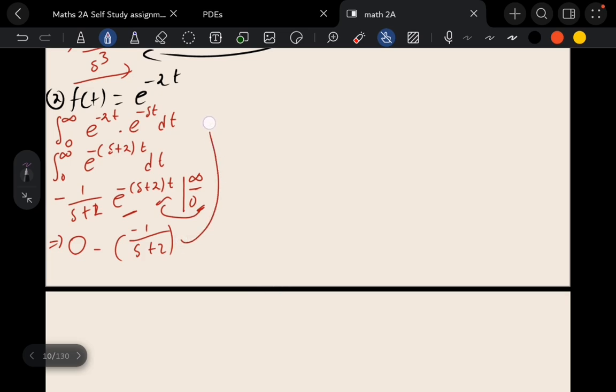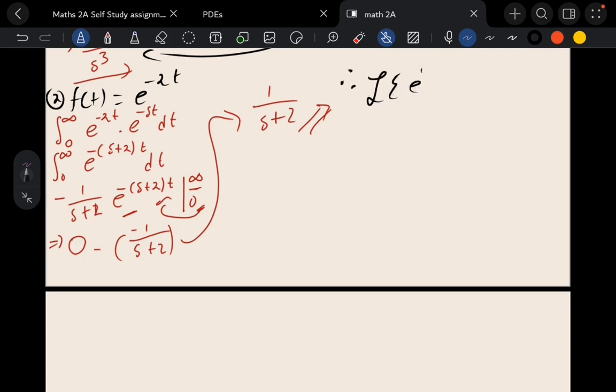So your final answer should be 1 over s plus 2. It does make sense again because the Laplace transform of e to the power negative at is going to be 1 over s plus a. It does make sense, right?